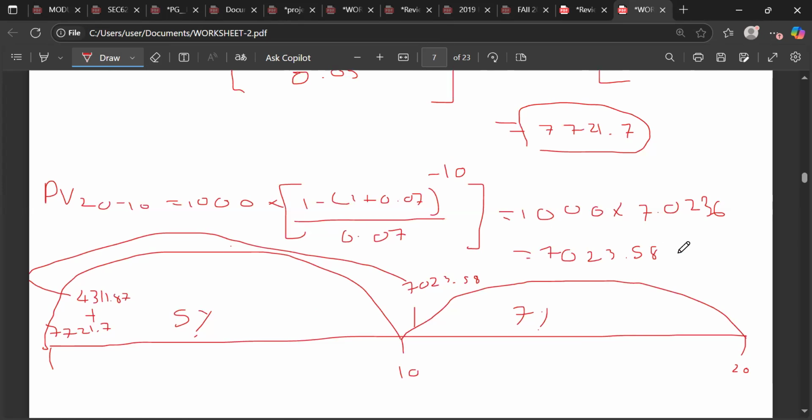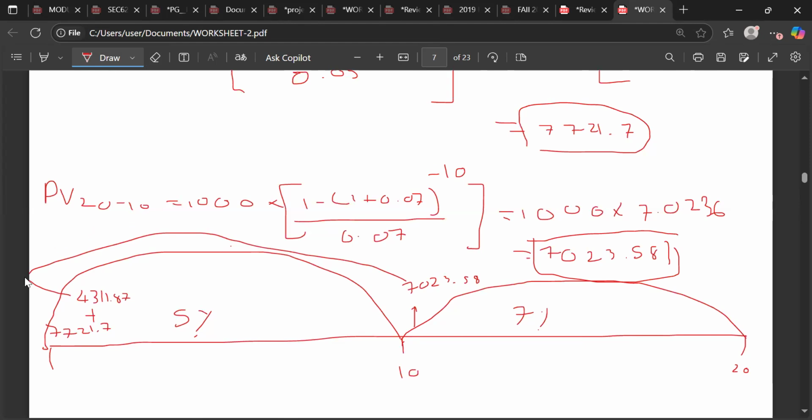But I said, keep in mind, once you get this figure here, this value that we obtained here, we don't use this value entirely as it is. Because this value is a present value at year 10, from 20 years back to year 10, remember, 20 minus 10. So we now bring this all the way back to year 0.